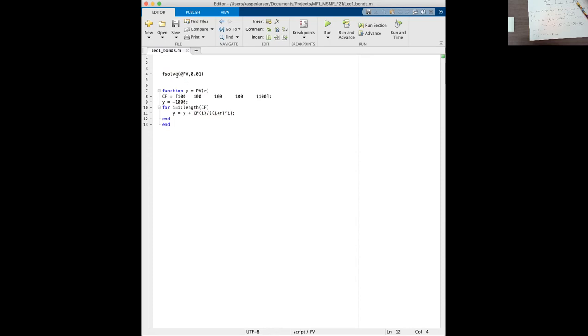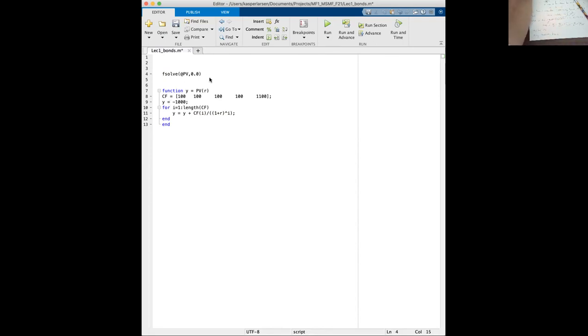I want to find the value of r that has the property that this function here returns a 0. Because when I move all this stuff back with 1 plus r to these various powers, I'm going to get exactly 1,000. So I just move the 1,000 to the other side, and I'm searching for such an r.